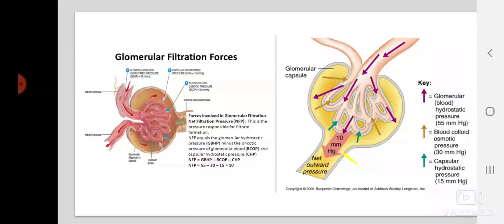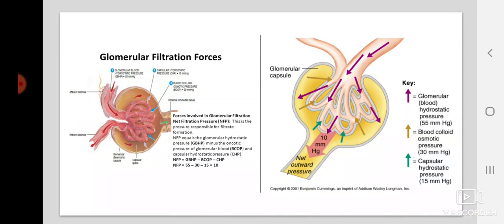This is the diagram, so you can remember which is the blood hydrostatic pressure, which is the blood colloid osmotic pressure, which is the capsular hydrostatic pressure.